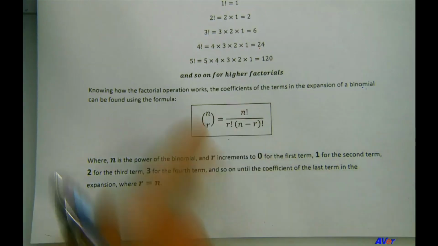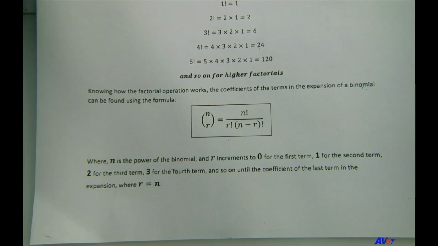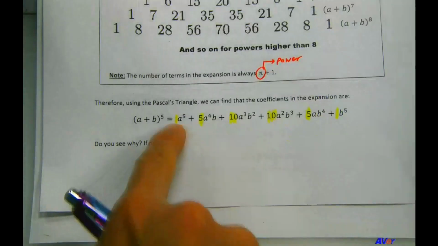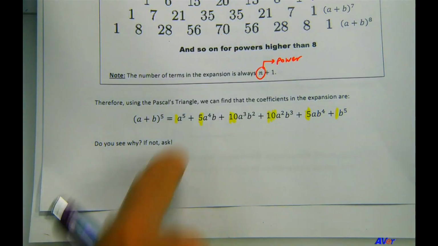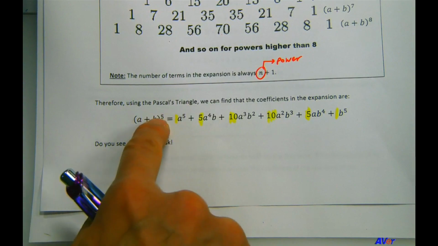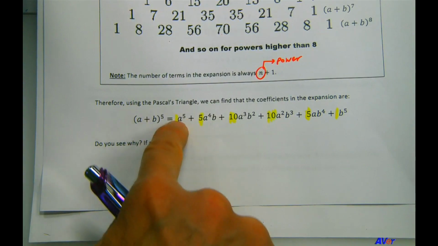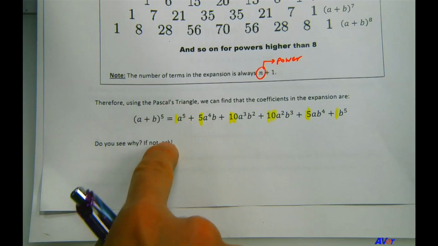So if the power is 5, like the one we had in this example, the example we looked at with Pascal's triangle, the power is 5. So the binomial coefficient for this one would start with 5 choose 0.